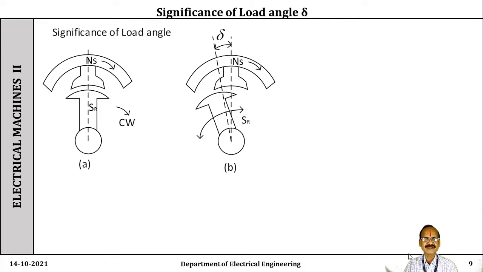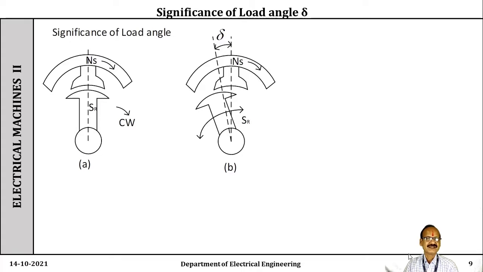In a previous video lecture, we learned the construction and principle of operation of the three-phase synchronous motor, how it is not self-starting, how to make it self-starting, and the various methods.